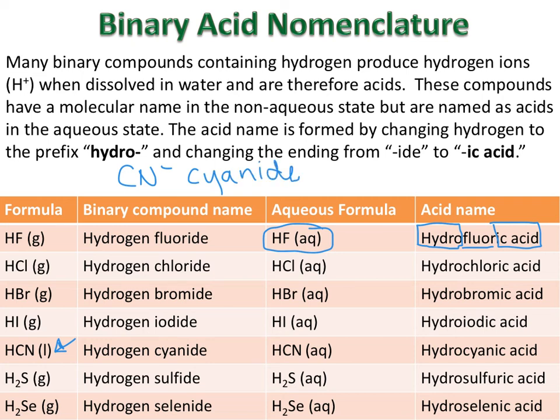And it is like fluoride, chloride, bromide, iodide, ends in IDE. So we're going to change that to hydro for the hydrogen, and then ic acid, just as we would any other IDE compound above, and this becomes hydrocyanic acid.